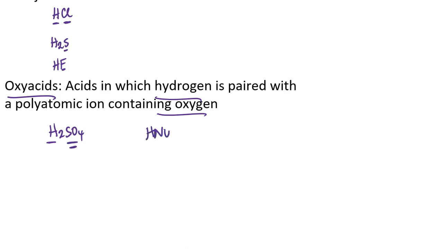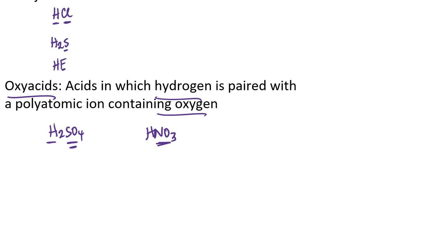Or I could have this, hydrogen paired with the nitrate ion. We've gone over a number of polyatomic oxyanions, and anytime I combine one of those polyatomic oxyanions with hydrogen, I end up with what we call an oxyacid.